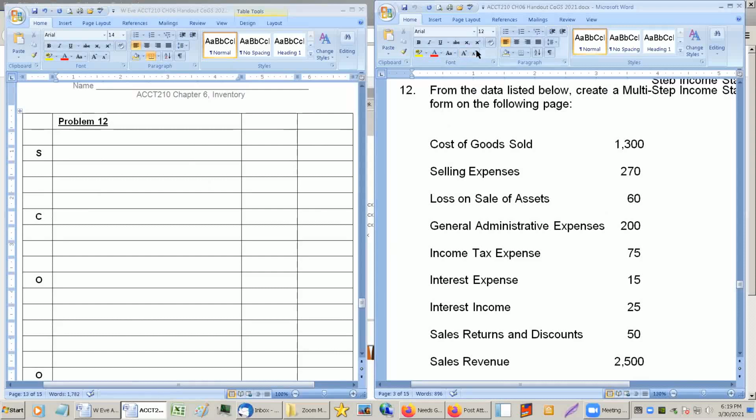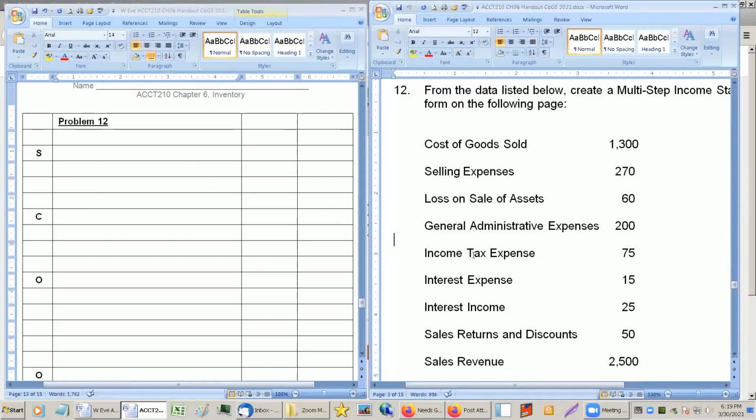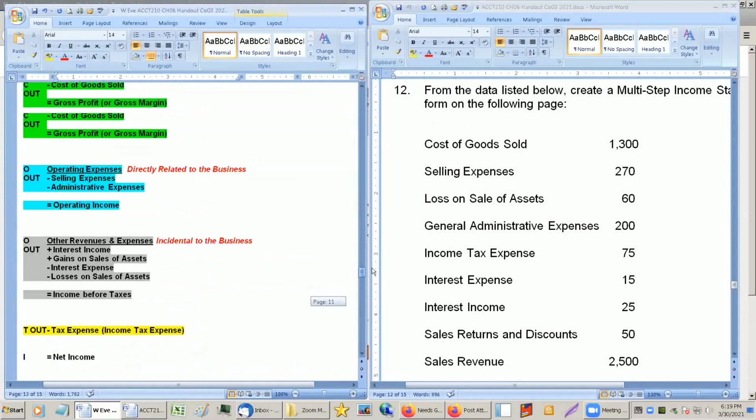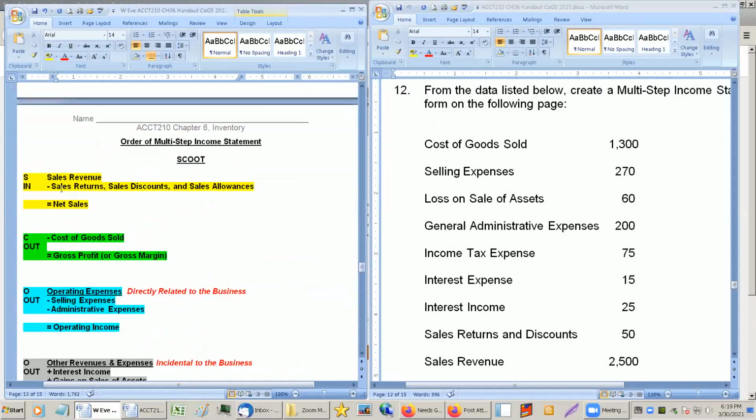So here's the data I'm going to be using. So what I'm going to do is just go ahead and start bringing the stuff over that we need over here. Okay, and so the first thing I'm going to do is the sales.